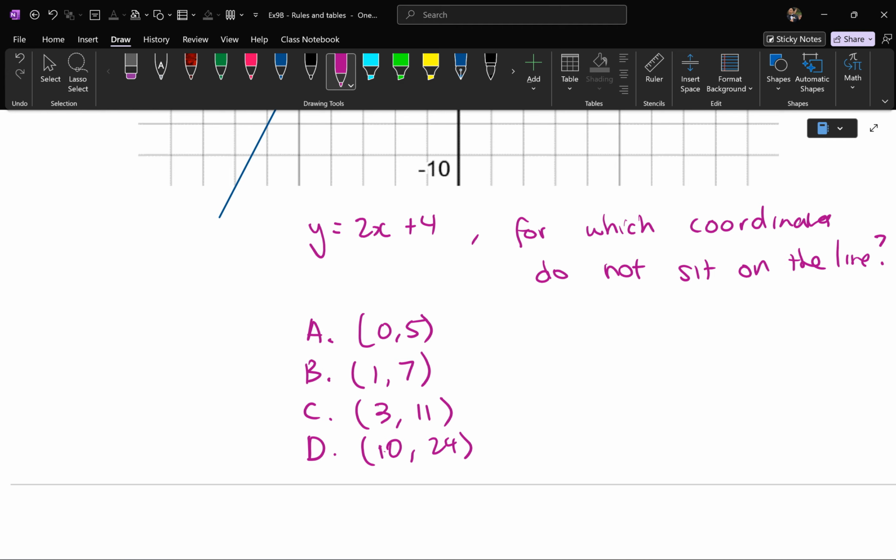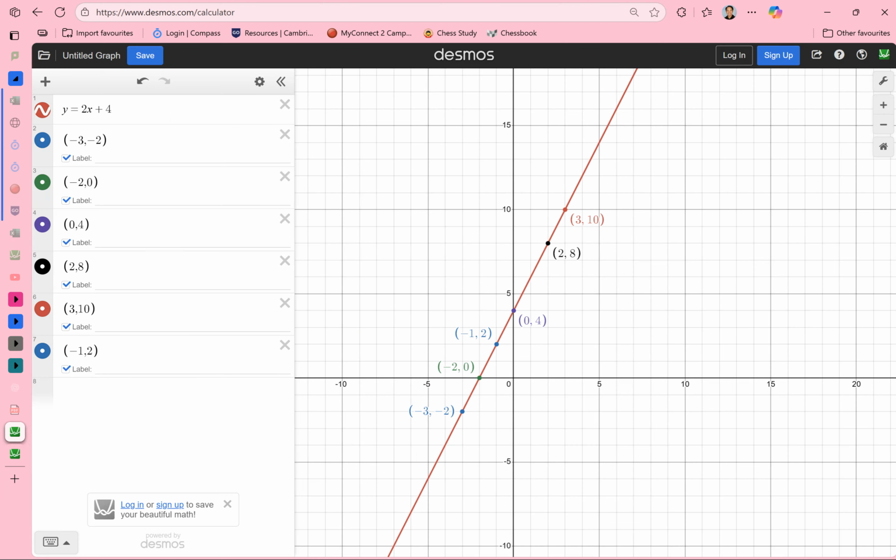What does that mean? So if you look at this graph here, all of these points sit on the line. Okay? What doesn't sit on the line? Here's an example. (4, 10) does not sit on the line. But the reason why you know that is because I've got a picture for you.